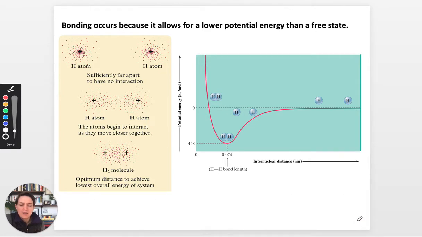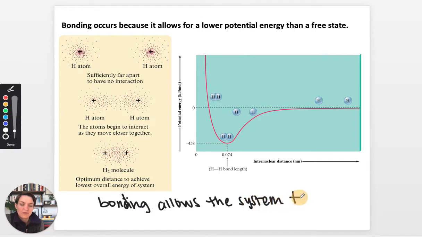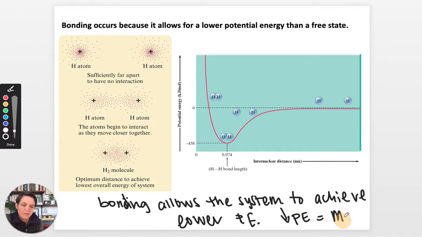And actually probably it would be better to say that bonding allows the system to achieve lower potential energy. And remember, lower potential energy equals more stable, right? There's less energy to hold. There's less energy overall in your system.